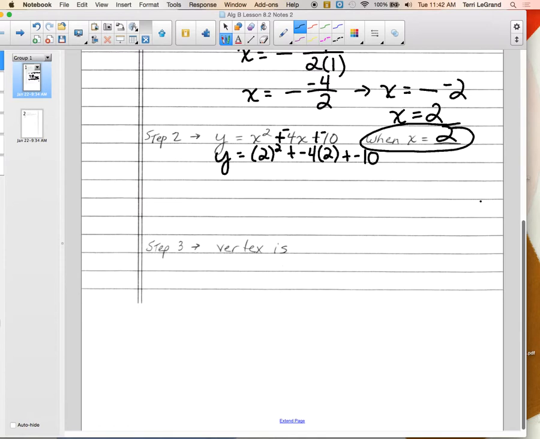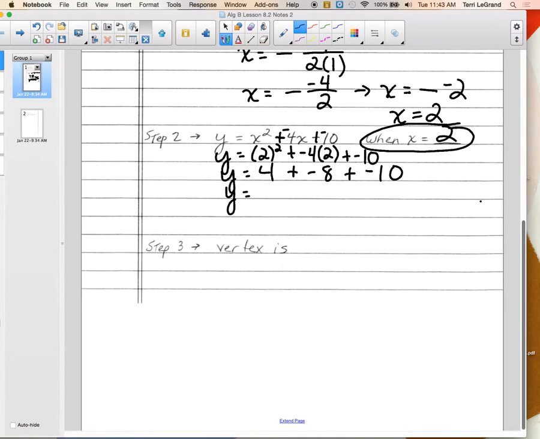Some of you tried to go straight from here to an answer for y, and it got you in trouble lots of times. Let's be more patient, okay? What is 2 squared? 4. Plus negative 4 times 2 is negative 8, plus the negative 10 that's coming along.